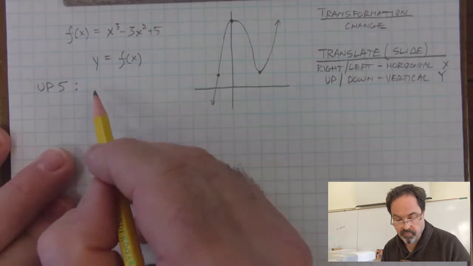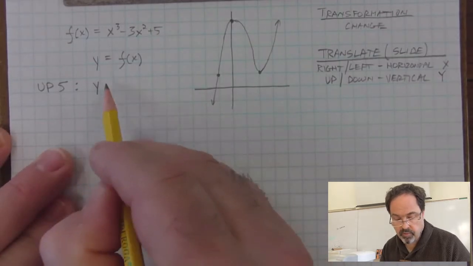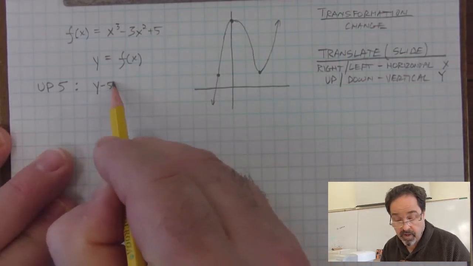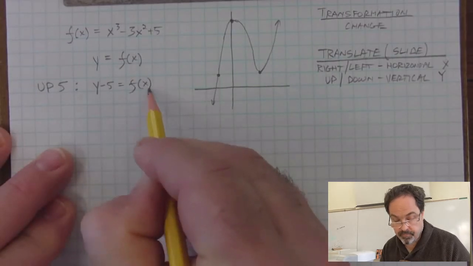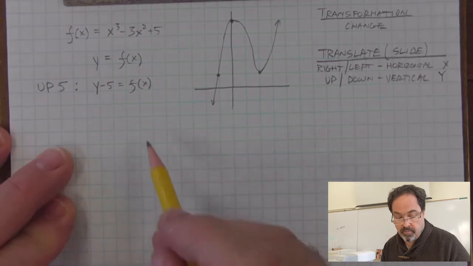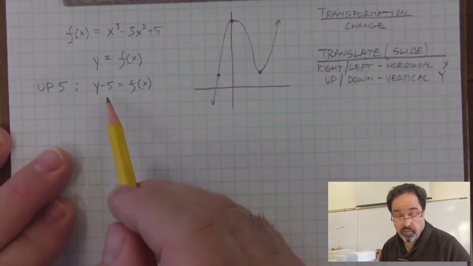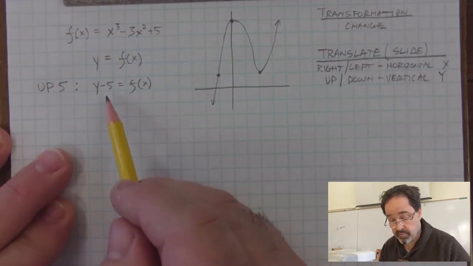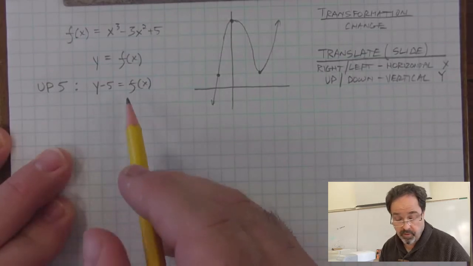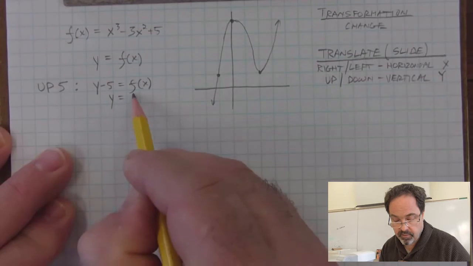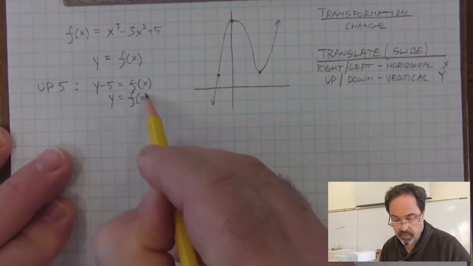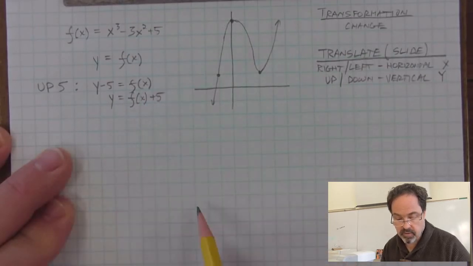And how do we modify it? It's counterintuitive. To move up, we subtract from the vertical variable. And because we're very often used to seeing equations that we graph solved for y, this is equivalent to adding 5 to both sides and putting it in the form y is equal to f of x plus 5.